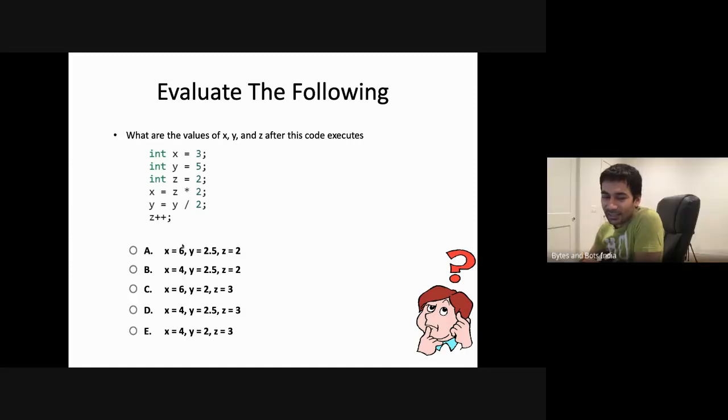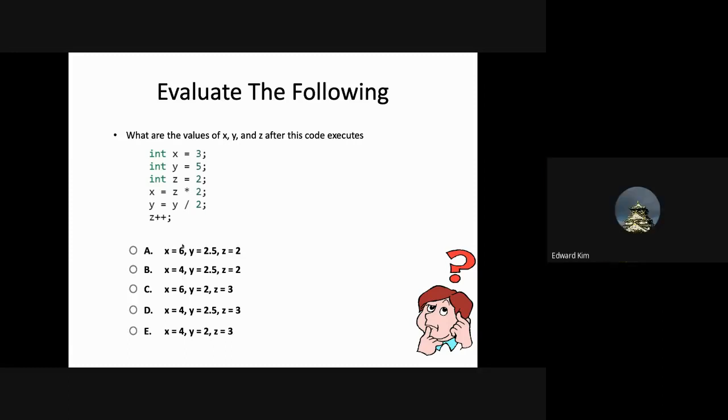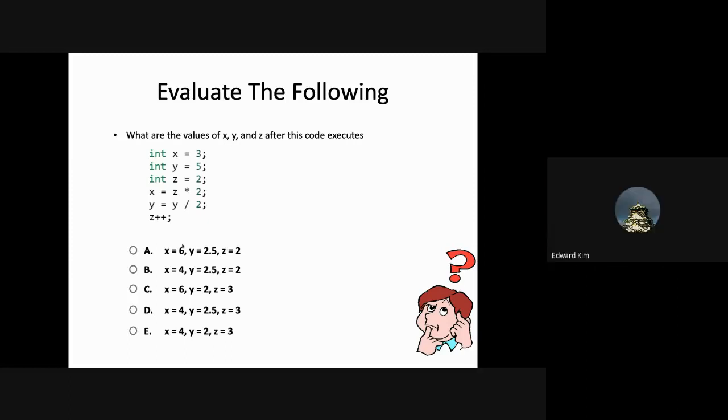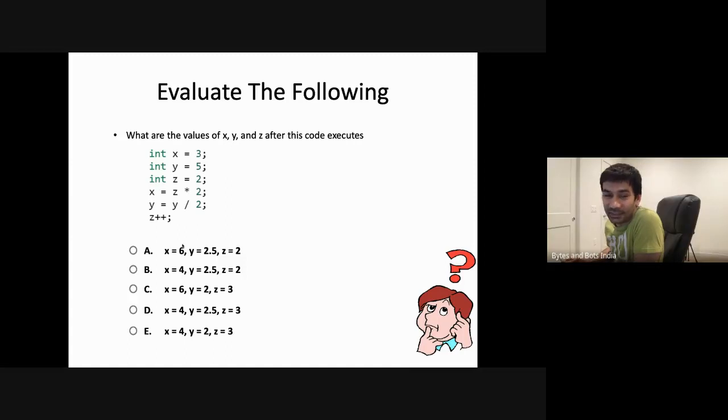Yeah, exactly. So surprisingly, well, any more guesses? No more guesses? You all are wrong in this case. Why wouldn't Z be 3 though? Z can be 3, yeah.